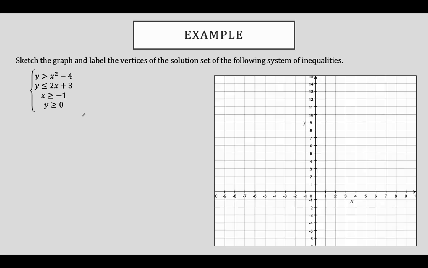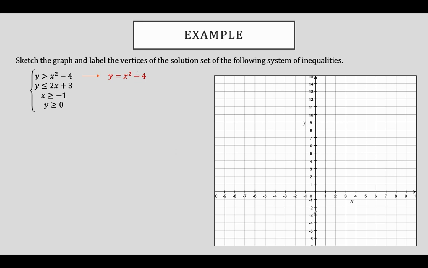Again, we begin by sketching a graph of each of these equations. We replace the inequality with an equation symbol. The first one would be y equals x squared minus 4. Well, this is going to be a parabola. Notice our parent function would be y equals x squared, and the minus 4 here shifts our graph down 4 units.